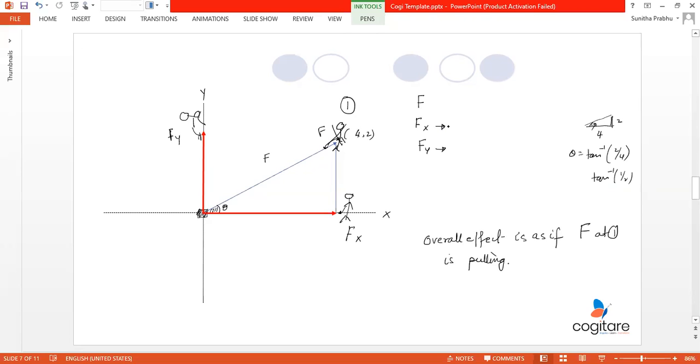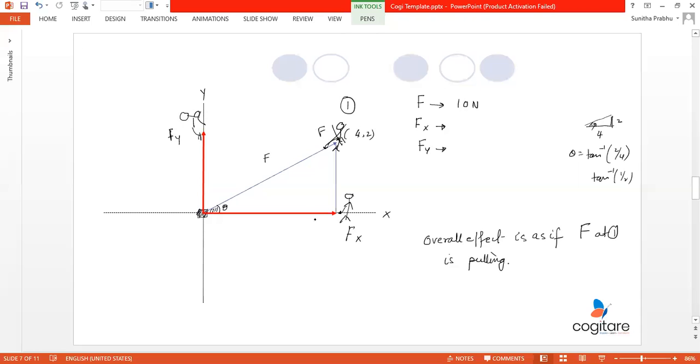That we cannot comment, but you can comment about F and Fx. If F is 10 Newton, will Fx be greater than 10 or less than 10? So it will be less than 10? Yes, sir.